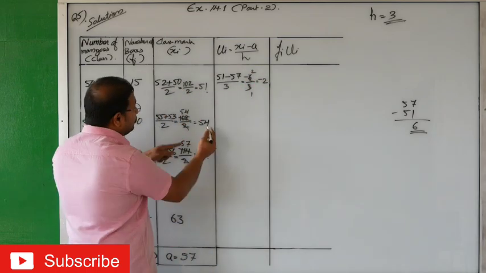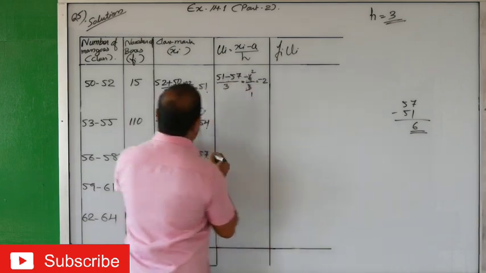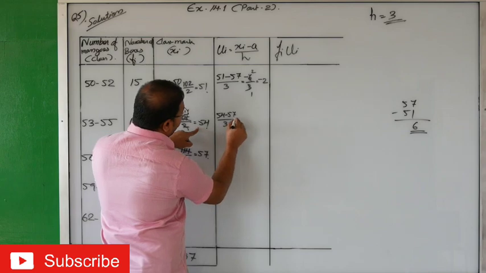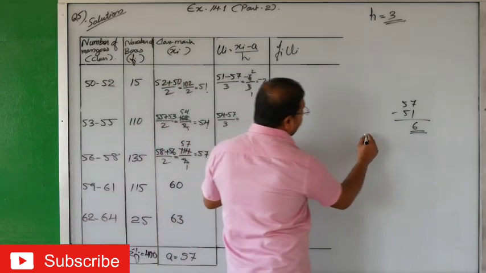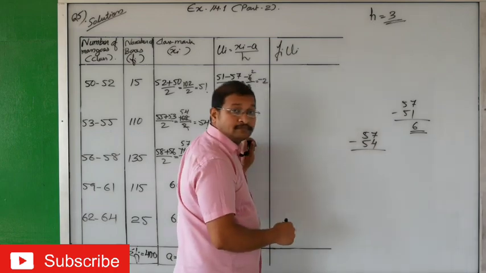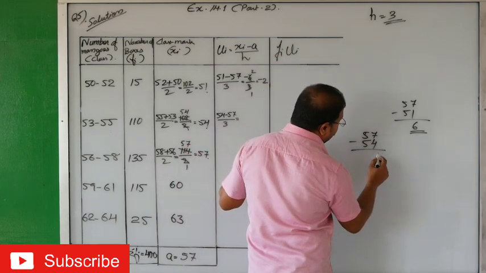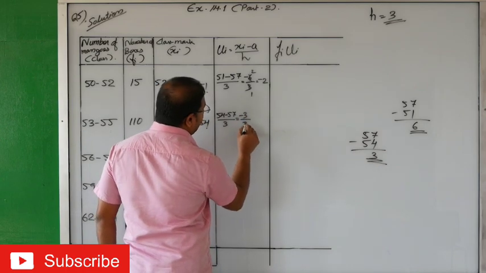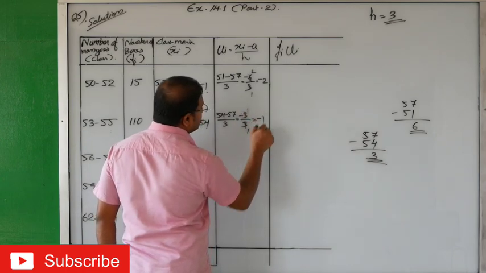Next step, 54 minus 57 divided by 3 is minus 3 by 3, so the answer is minus 1.